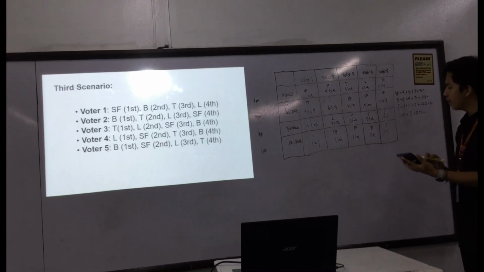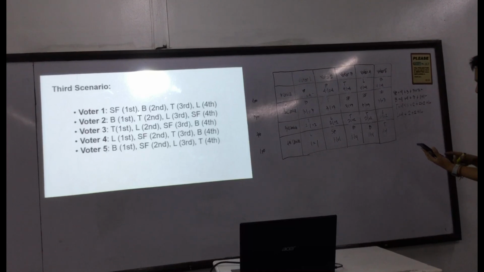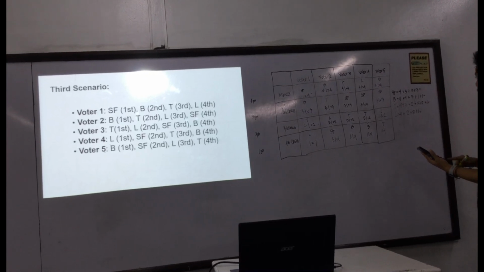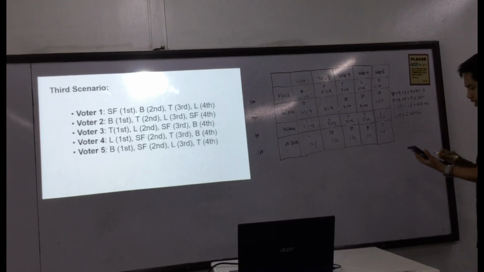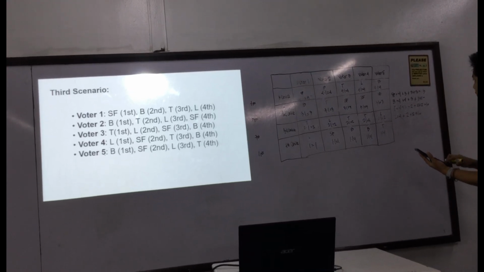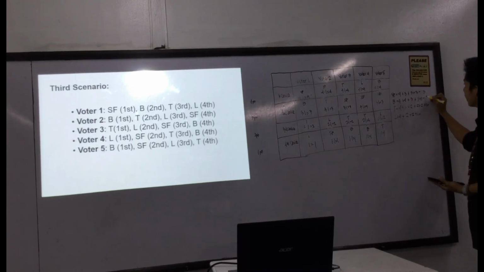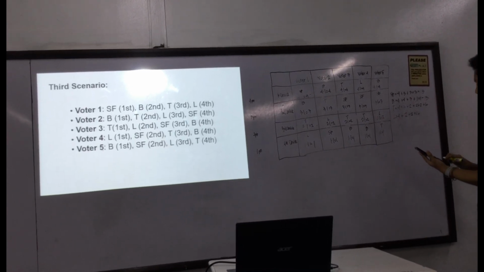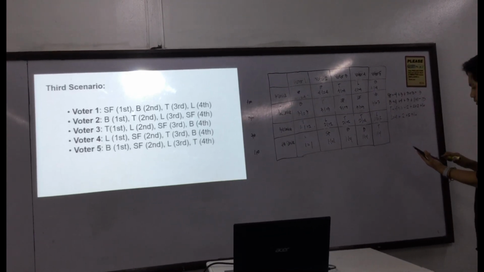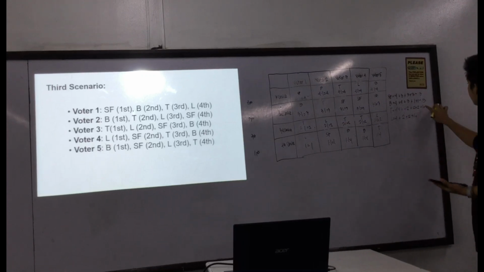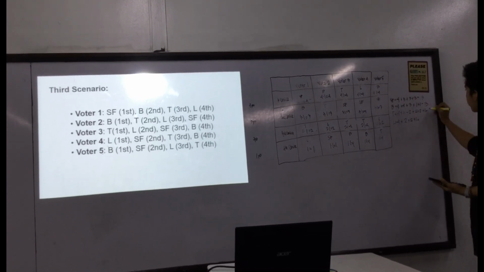So let's now have the summation. 4 plus 3 plus 3 plus 3 is equal to 13. Then 4 plus 4 plus 3 plus 1 plus 1 is equal to 13 again. Then 1 plus 4 plus 3 plus 2 plus 2 plus 2 plus 1 is equal to 14.